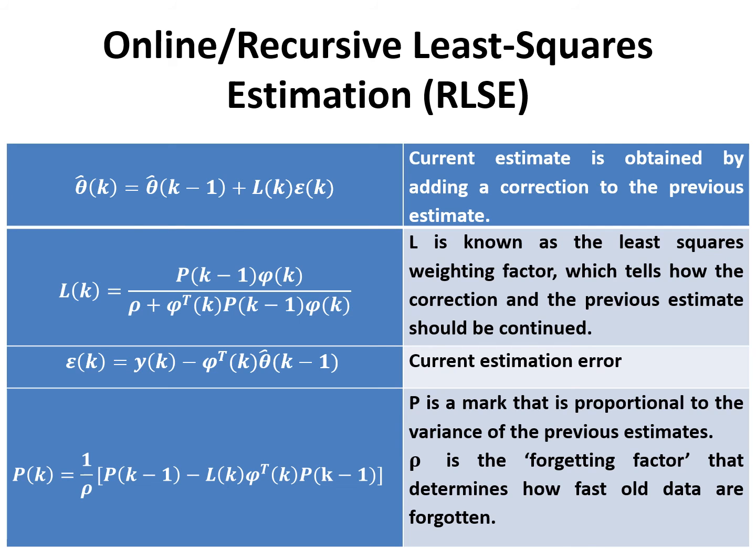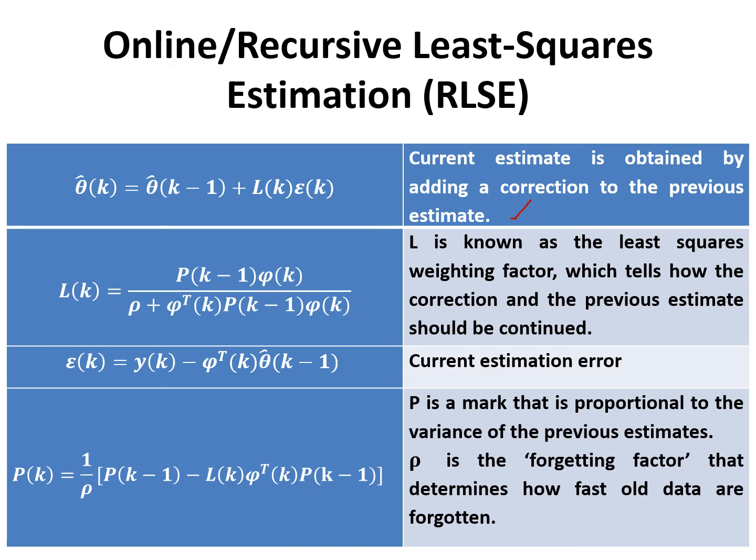The regression equation from the previous slide is then used in the recursive least square algorithm, whose summary is given in these tables. We have theta k, the current estimate, which is obtained by adding a correction to the previous estimate.